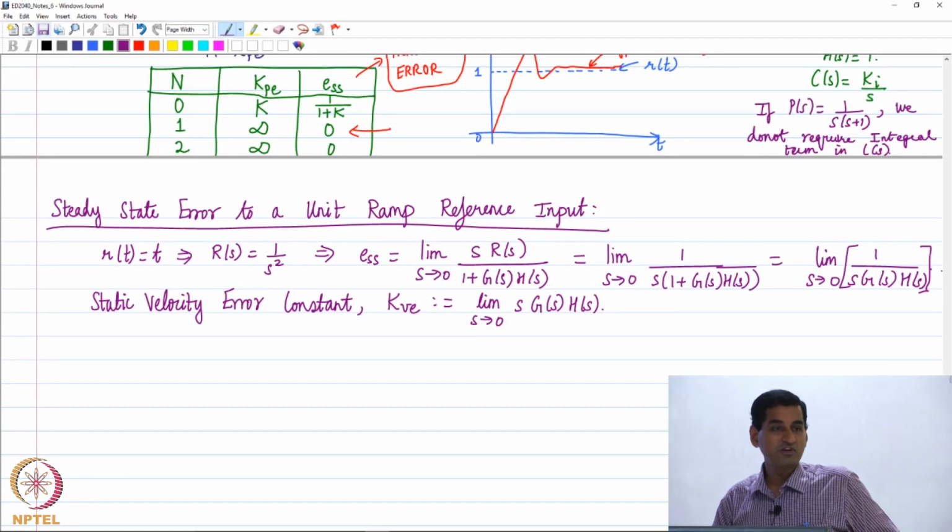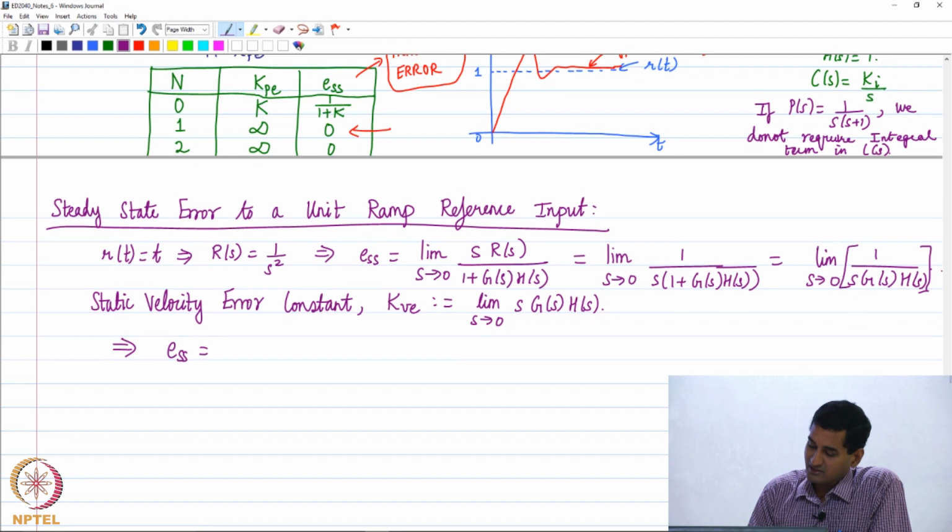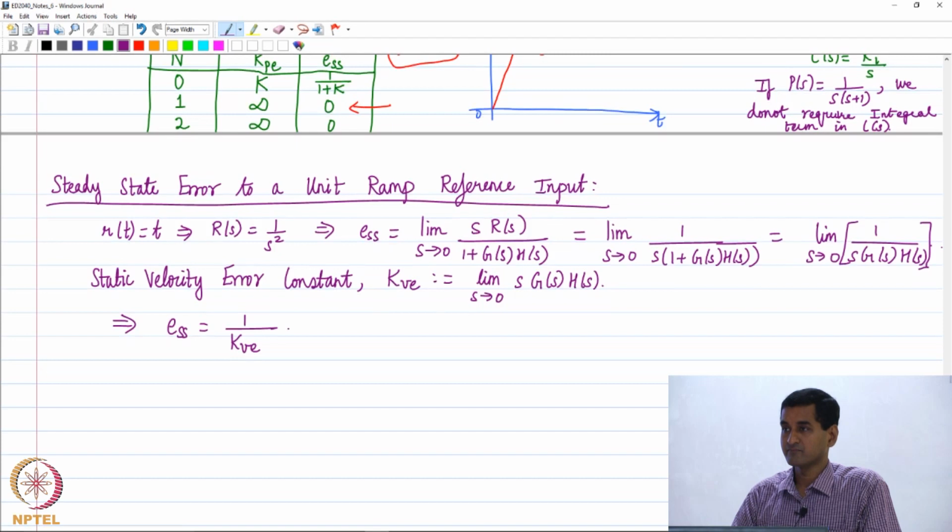That is the static velocity error constant, which is once again a definition. Immediately we see that the steady state error for a unit ramp input is going to be just 1 divided by K_v. That is what we have.